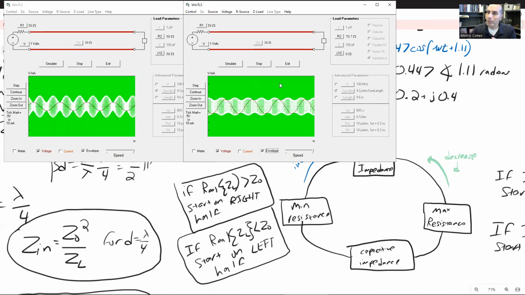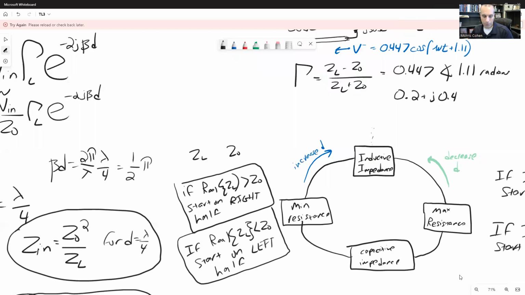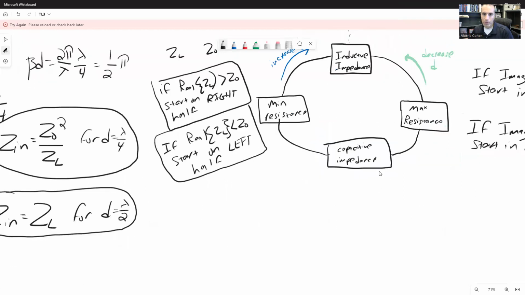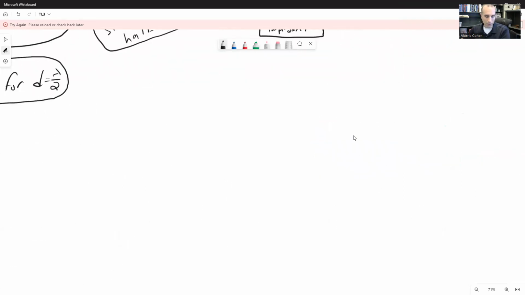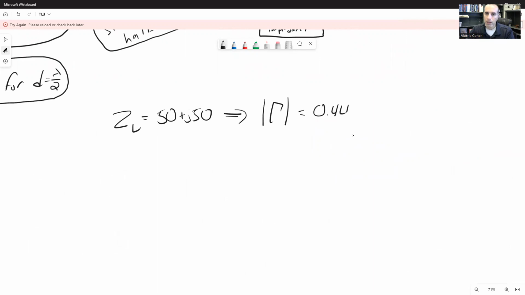So you have to look at the combination of the resistance and the reactance in order to actually characterize what is happening. And you can see this if we figure out what the reflection coefficient is. It works out to be, if the load impedance is 50 plus j50, that implies that the absolute value of the reflection coefficient is 0.447, right?